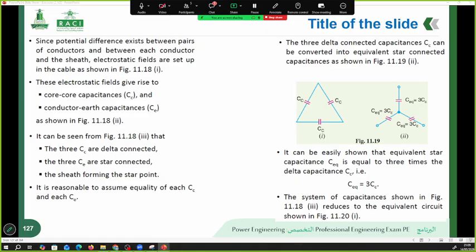So this slide explains the equivalent capacitance circuit for a three-core belted cable due to the potential difference between the conductors and between conductors and the earthed shields.